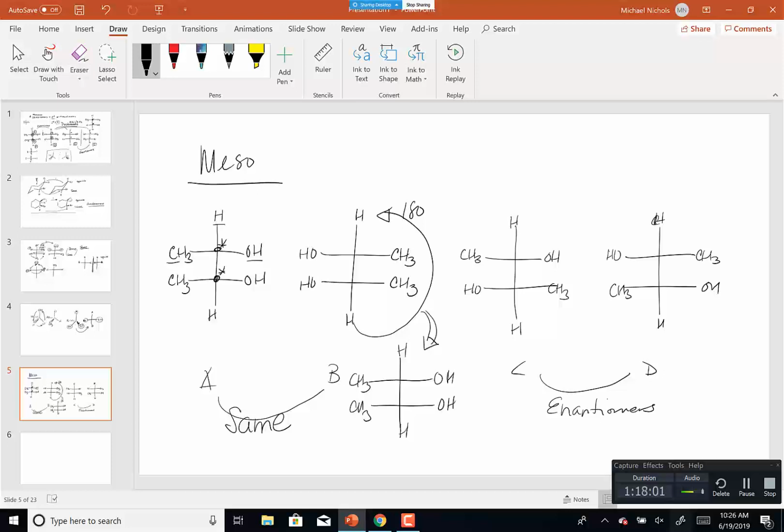We have to go all the way back to Monday, when we originally defined chirality. We never said this, but we will now. If a molecule is superimposable on its mirror image, it can't be chiral. Because the definition of chiral is that you have a mirror image and it's not superimposable. But what if you have a mirror image that is superimposable? You ain't chiral.